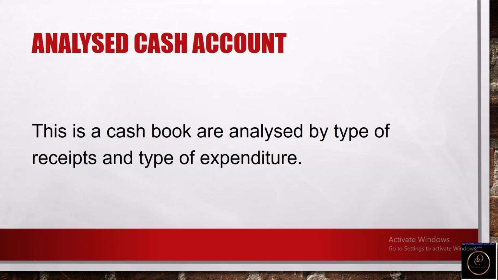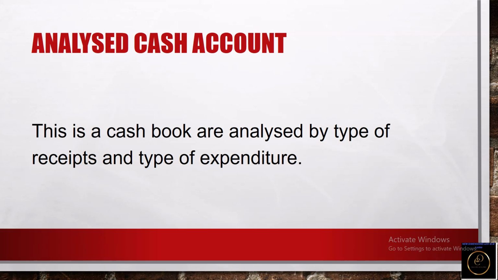Usually, businesses would like these cash transactions analyzed in a cash account. This is a cash book where the transactions are analyzed by type of receipt or type of expenditure.